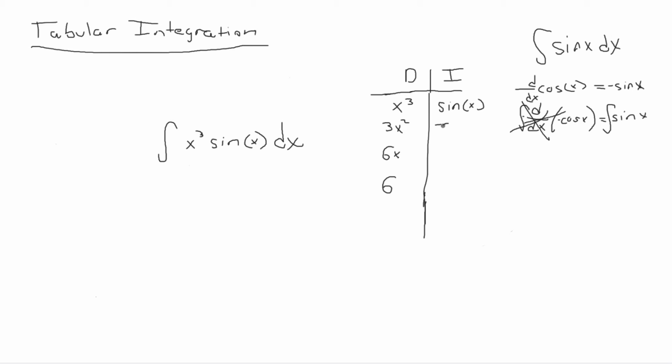Now you'll just have to apply that going down all the way here. So we have the integral of negative cosine x, which is negative sine x. And we would just use the same logic as before. And then the integral of negative sine x would just be cosine x, right?